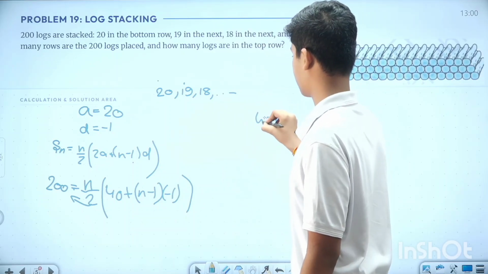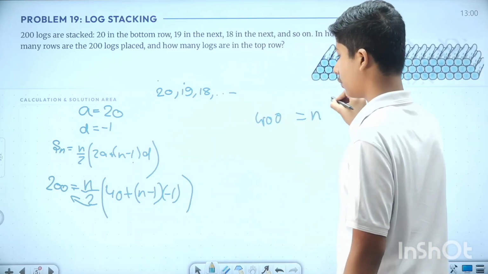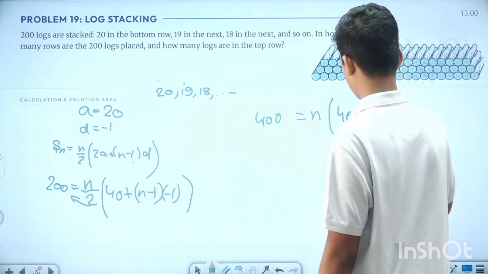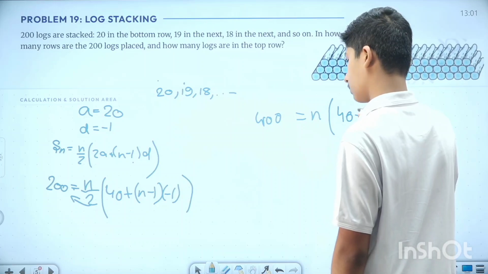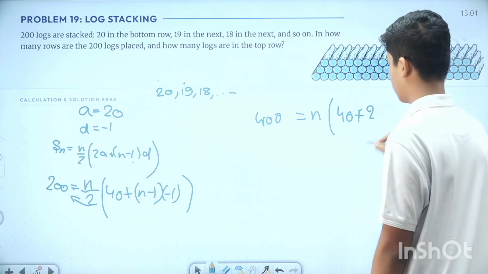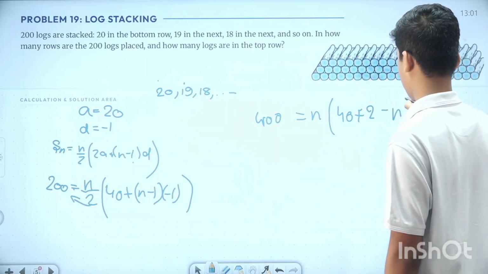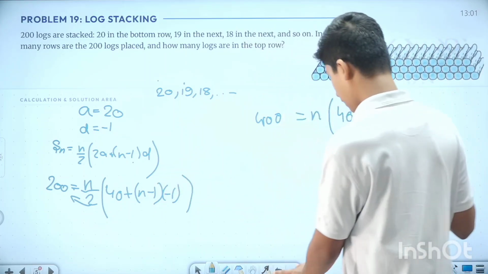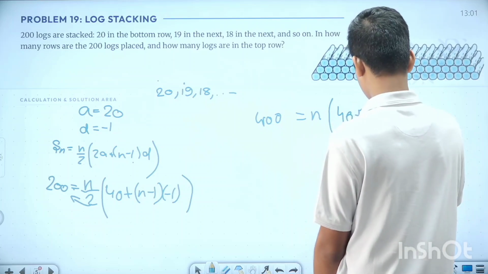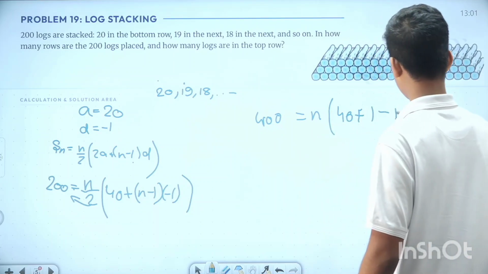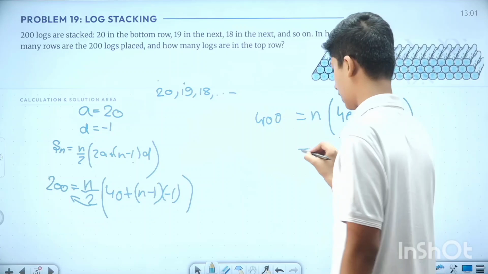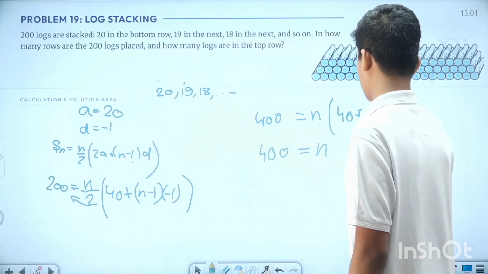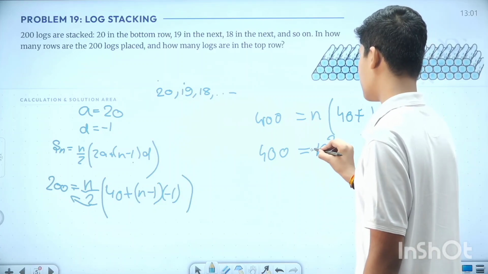400 equal to n into 40 plus, when we multiply this, 1 minus n plus 1, so 2 minus n. Okay, 400 equals 41n minus n square.